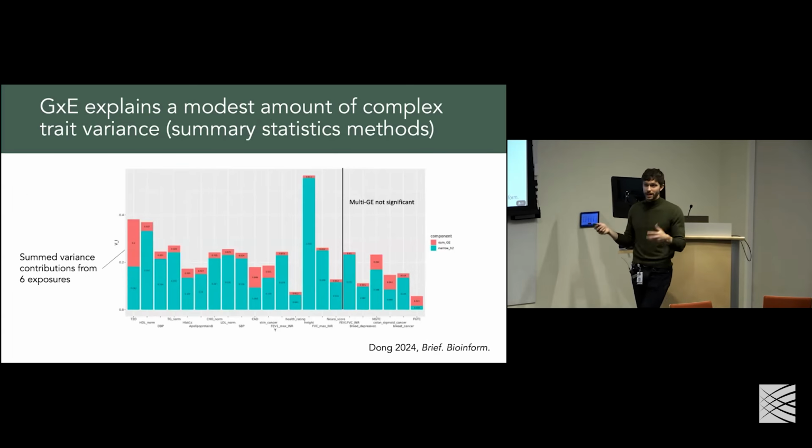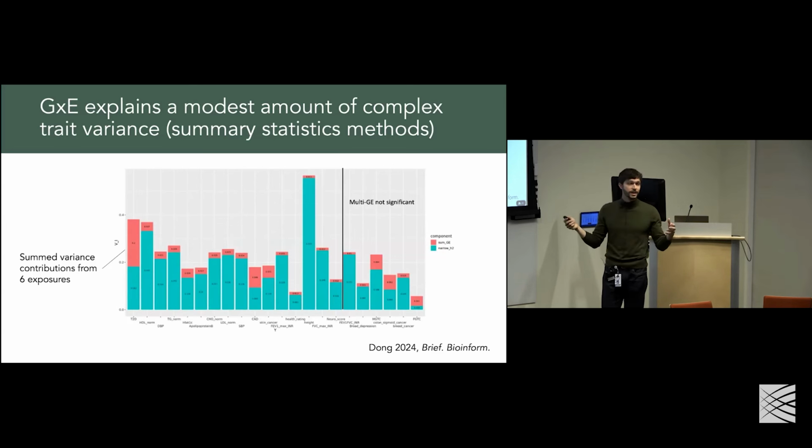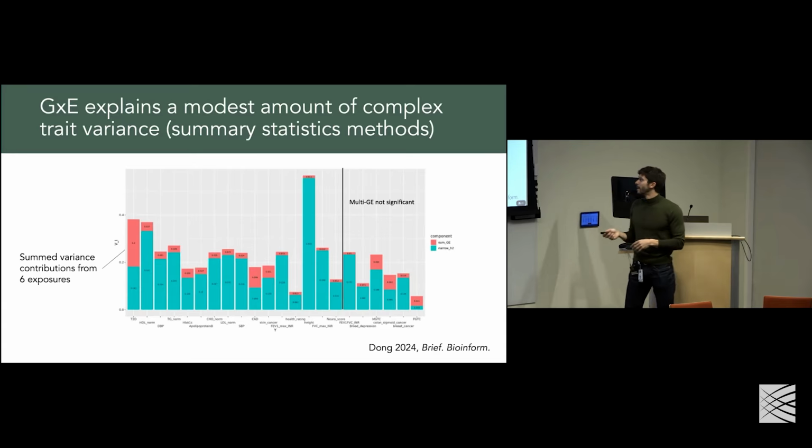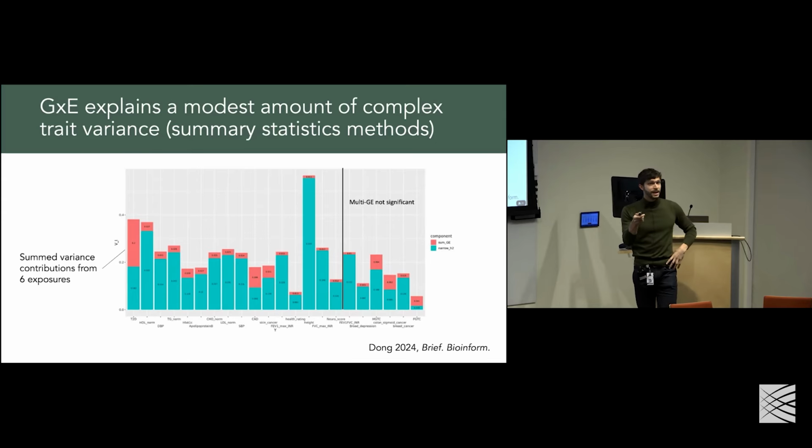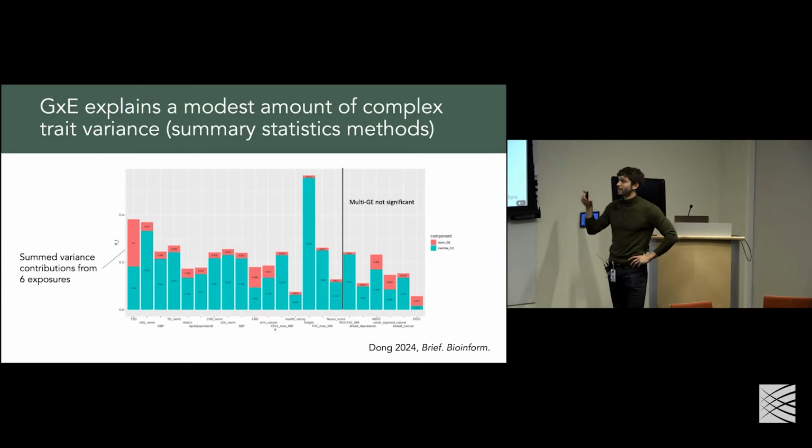So we expect a little bit higher contributions to variance when we look at the overall burden over multiple exposures. Here, the way they're being depicted is in the blue, this is narrow sense main effect genetic heritability, and in the red are the interaction contributions on top of that.